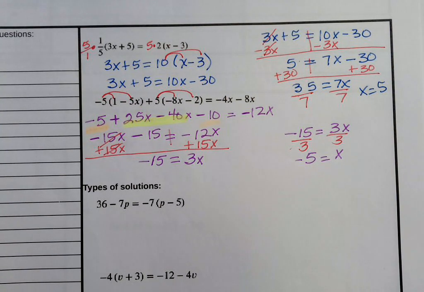Okay, when we're working with equations, there are different types of solutions we can have. So as we go through the next 3 problems, I'll have you start working them, and then we'll look at it and see what happens. So go ahead and start with the first one.